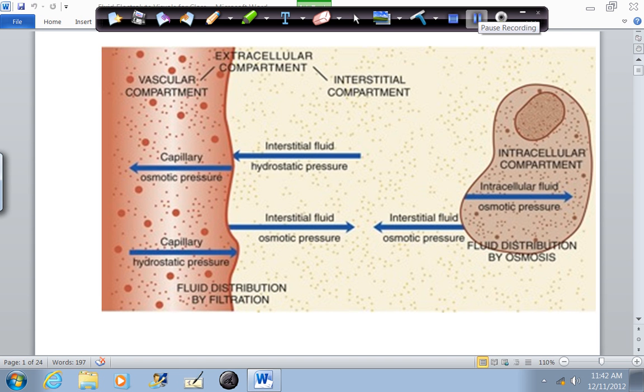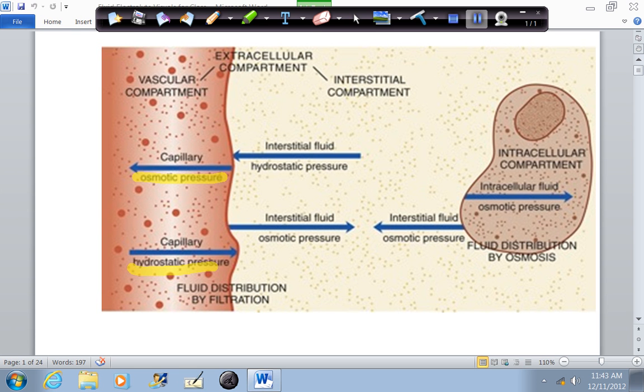And then finally we have the concepts of oncotic or osmotic pressure and hydrostatic pressure. Hydrostatic pressure is the pressure of a fluid that it exerts on the walls of its container. So the hydrostatic pressure of blood is the blood pressure, which is being pushed against the walls of the blood vessels. Osmotic pressure, on the other hand, is the pull. It's the power of a solution to draw water across a semi-permeable membrane.